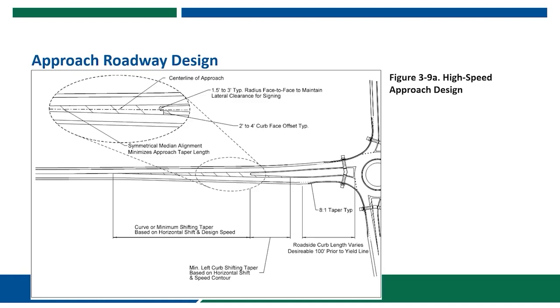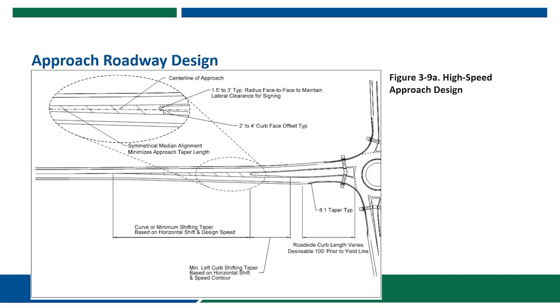Splitter islands on higher speed approaches extend upstream of the yield line to the point in which entering drivers are already decelerating. Practical design considerations for splitter islands suggest that for 45 miles per hour and above, we should consider 200-foot long splitter islands or longer.